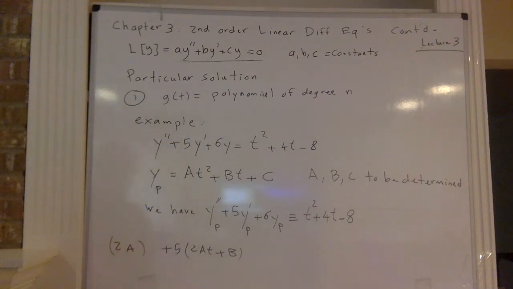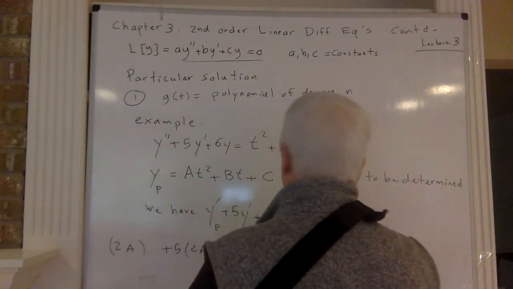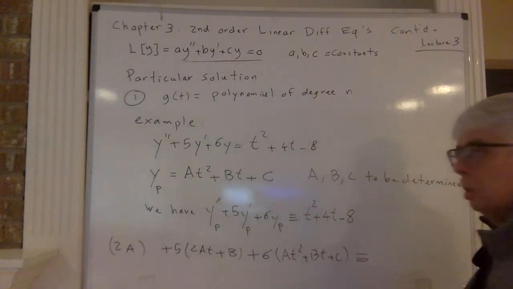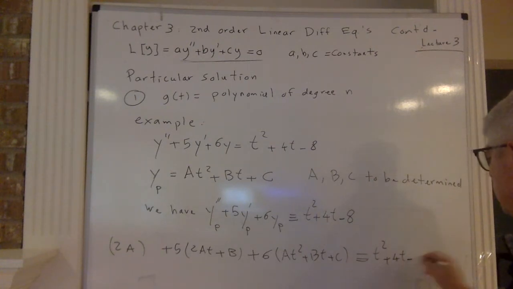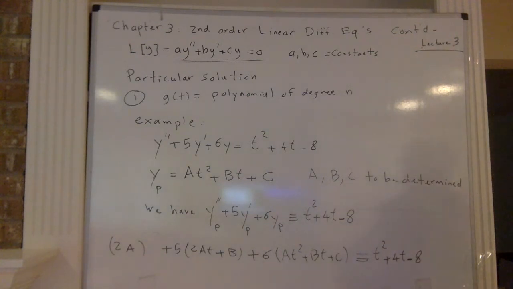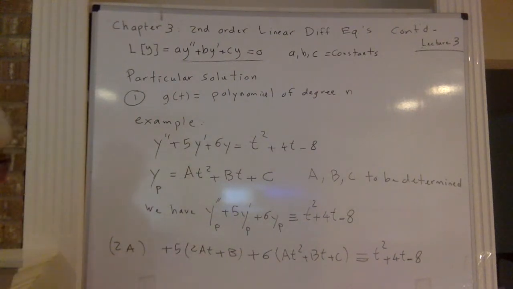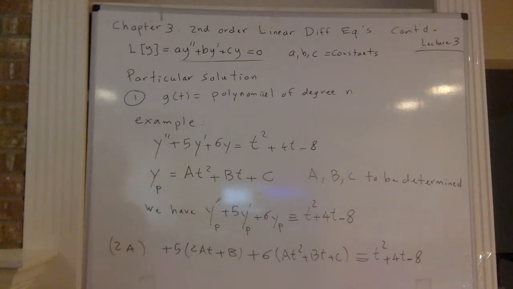So y double prime is 2a, and 5 times y prime is this, plus 6 times at squared plus bt plus c, and this should be the same as the right-hand side, which is t squared plus 4t minus 8. Okay? So let me double check. y prime is 2at plus b, and y double prime is 2a. So this is y double prime, y prime, and y. And that should be the same as t squared plus 4t minus 8.